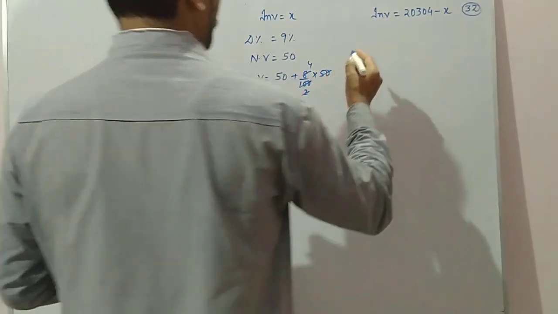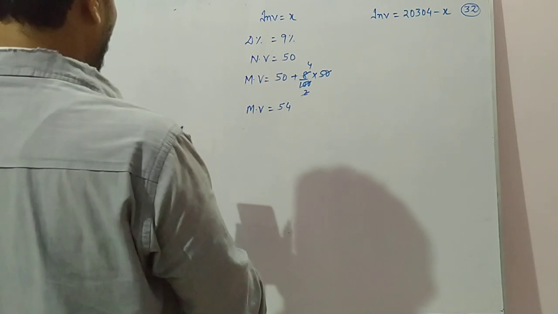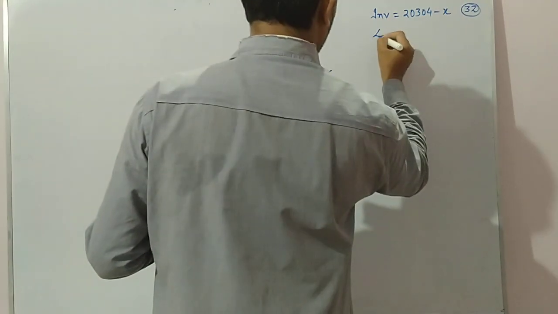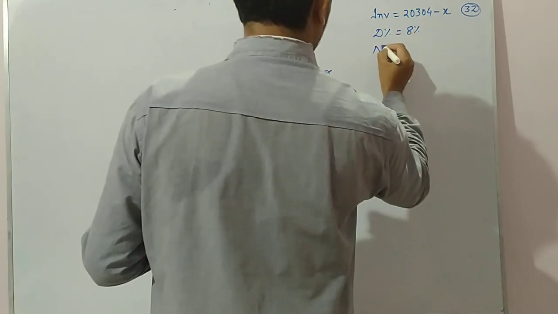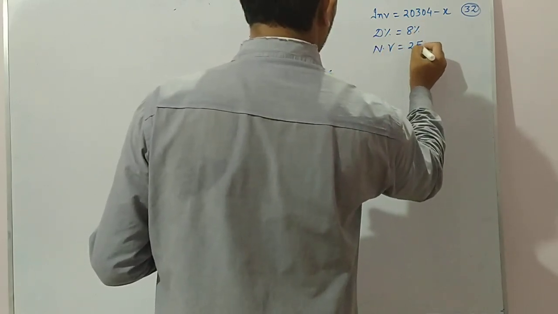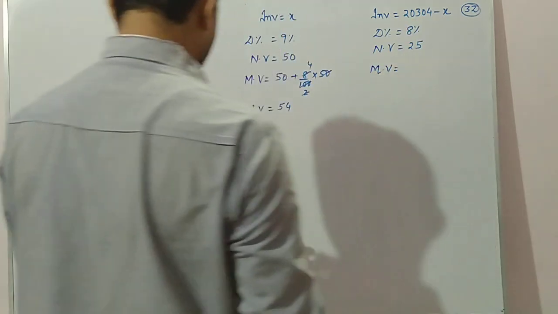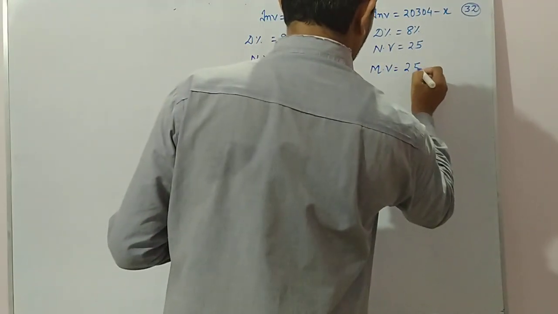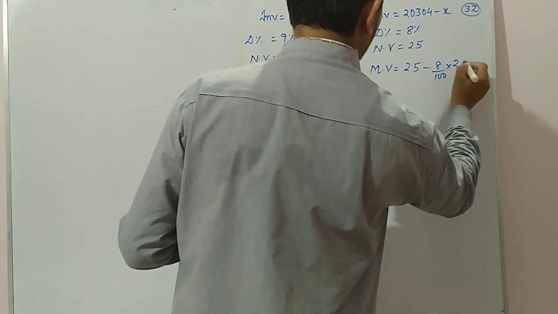Okay, the second part is 8% rupees 25 shares. Dividend percent is 8%. Nominal value is 25. Market value, at 8% discount, is 25 minus 8 by 100 into 25.